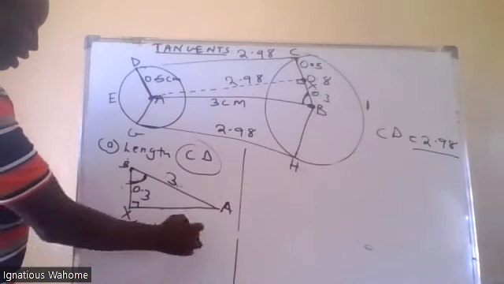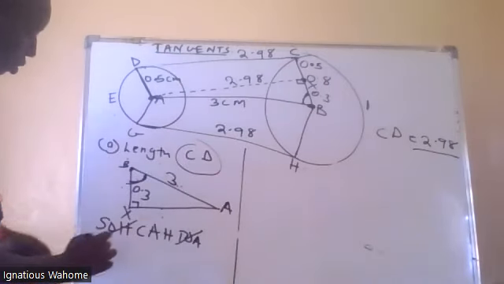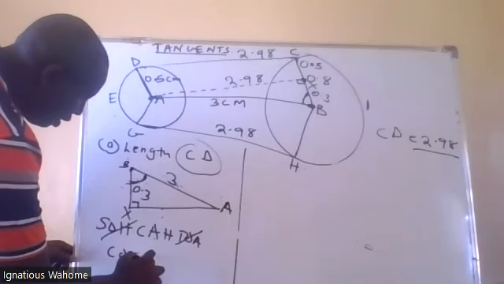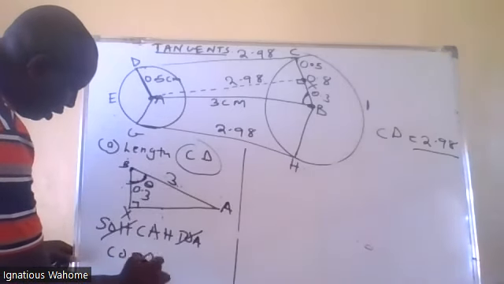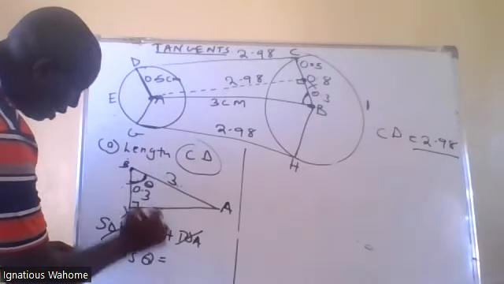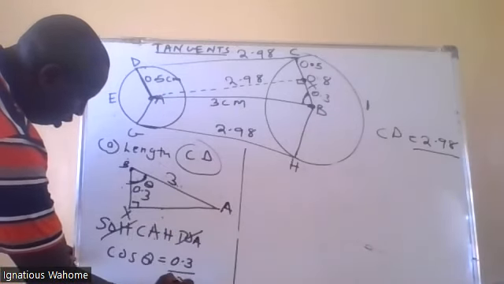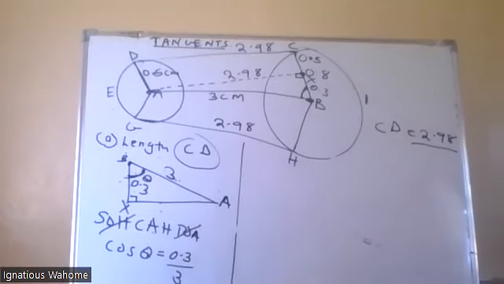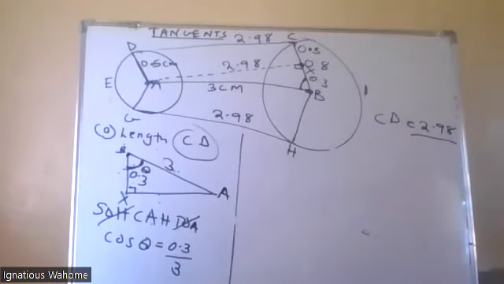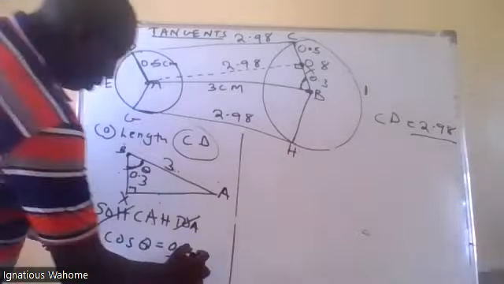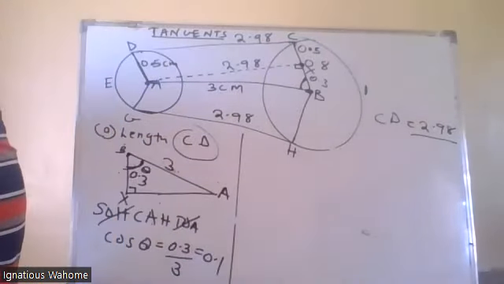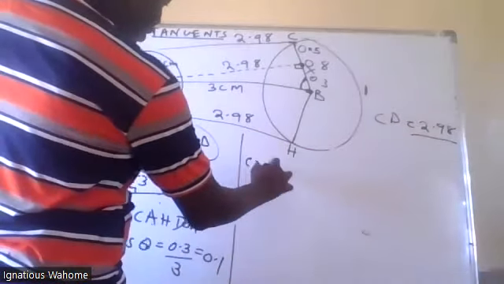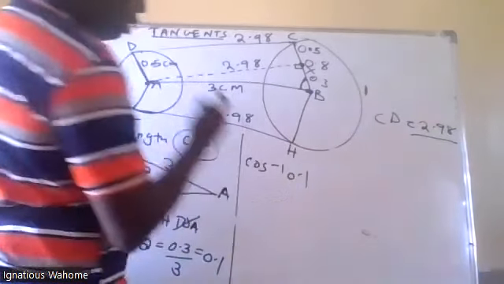So you use cosine of theta, which equals adjacent 0.3 over hypotenuse 3. 0.3 over 3 becomes 0.1. So therefore, what is the cos inverse of 0.1?